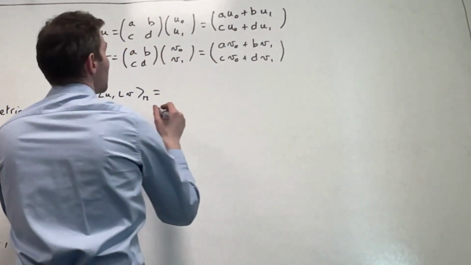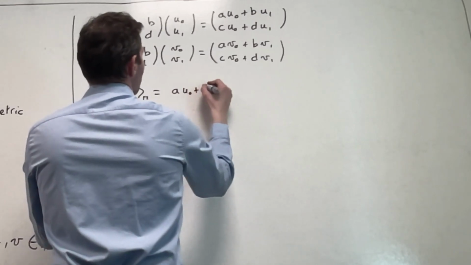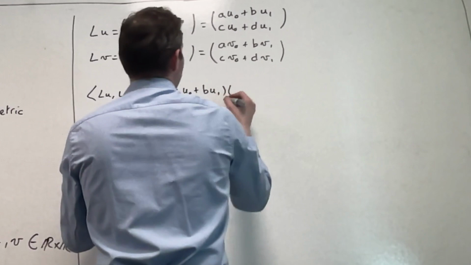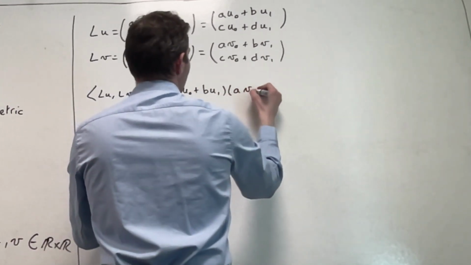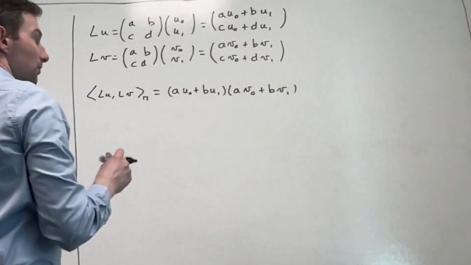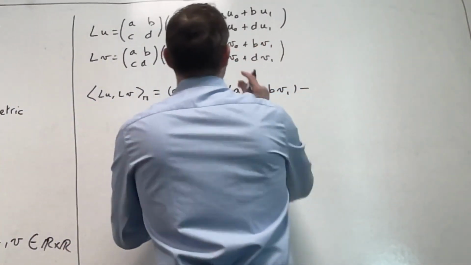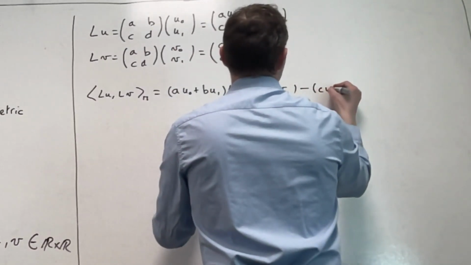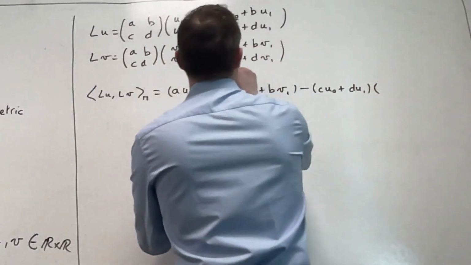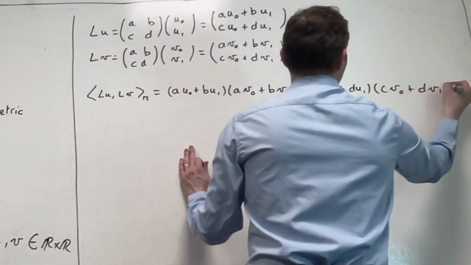So here I'm going to get A U naught plus B U1, then times A V naught plus B V1. Okay, so that's this product here, and then minus the other one. That's C U naught plus D U1, and then C V naught plus D V1.